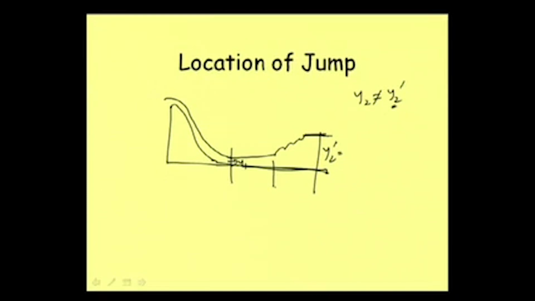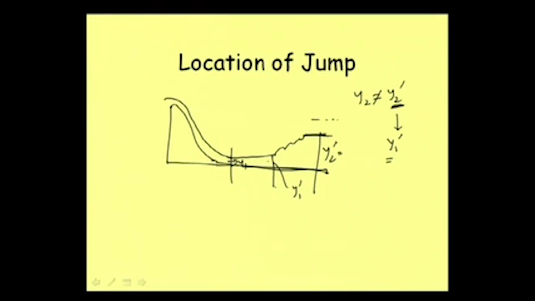If your y2 dash is less than this y2, then we need to find out where it will be located. So how can we do this? We know this y2 dash, and from this y2 dash we can calculate indirectly our y1 dash, that is this particular depth we can find out.